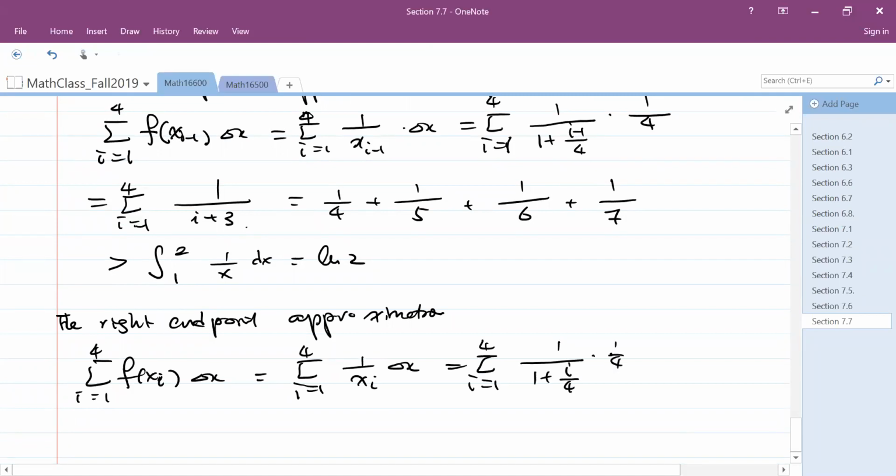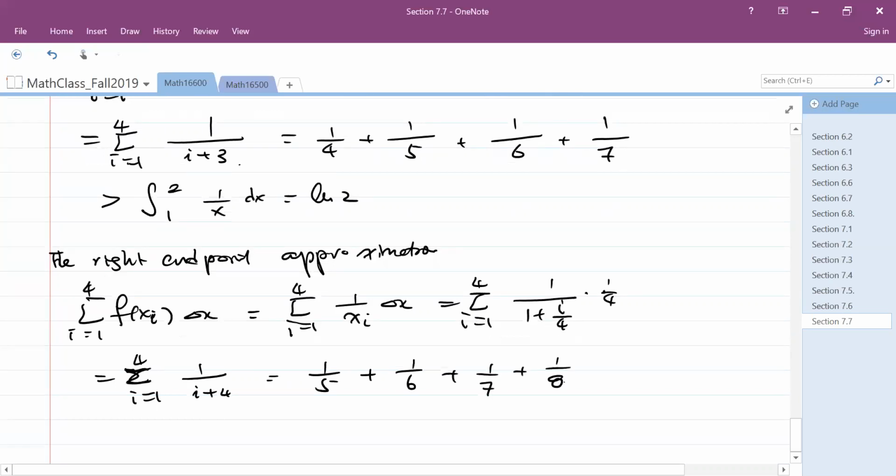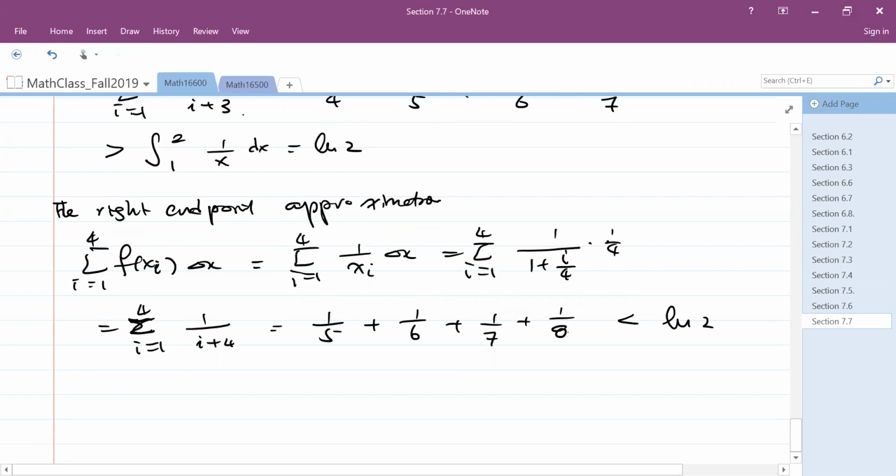Then we simplify it. This time it is going to be i plus 4. So if you put all the details, when i equals 1 it's 1 over 5, 1 over 6, 1 over 7, and 1 over 8. So clearly, this is an estimate smaller than natural log of 2, because it's an underestimate.